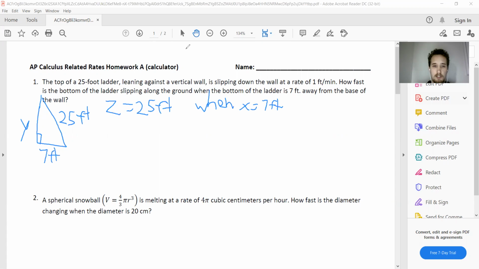Also it's saying the ladder is slipping down the wall at a rate of 1 foot a minute, right? So it's slipping down the wall, which is your y value.